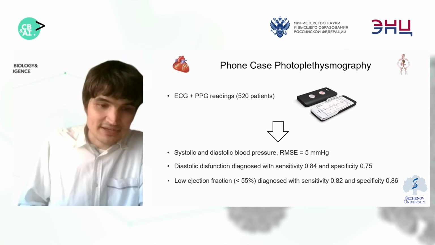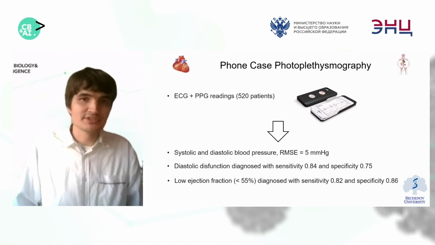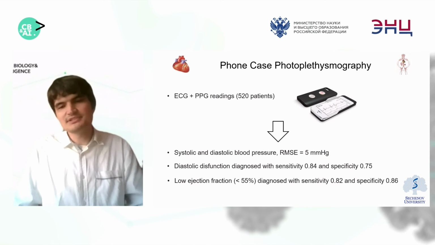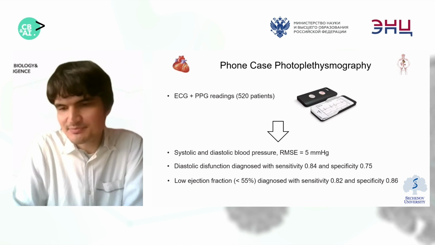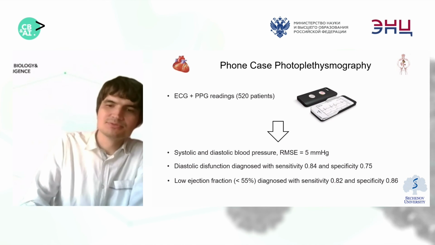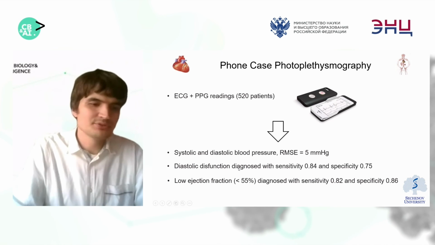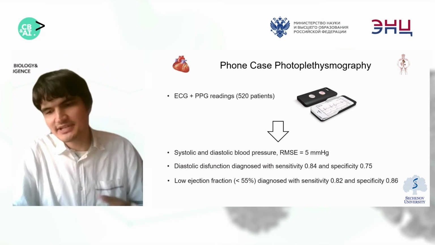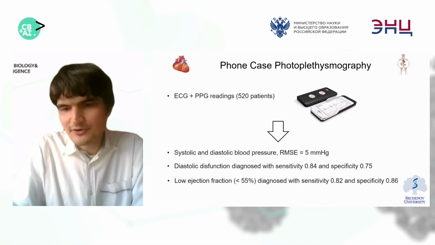So these methods are very good for screening. You don't even have to go to the hospital. You can just take the case, make some measurements, and the program will tell you that you probably have some serious problems, maybe with diastolic dysfunction. Of course, you cannot use these results as the final diagnosis. You should go to the doctor and confirm it.